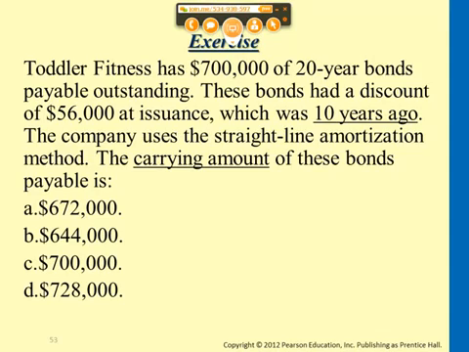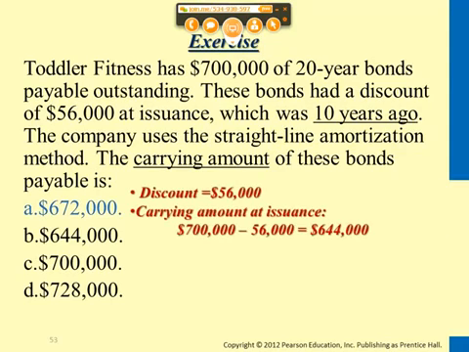So the discount part here, remember this part we gradually amortize along the years. So $56,000, if we divide it by the lifetime of 20 years of the bond, that will give you a yearly amortization. Then you multiply this by 10 years. That will give you what you increase to the bond's carrying amount over 10 years. So first step, calculate the original carrying amount, $644,000.